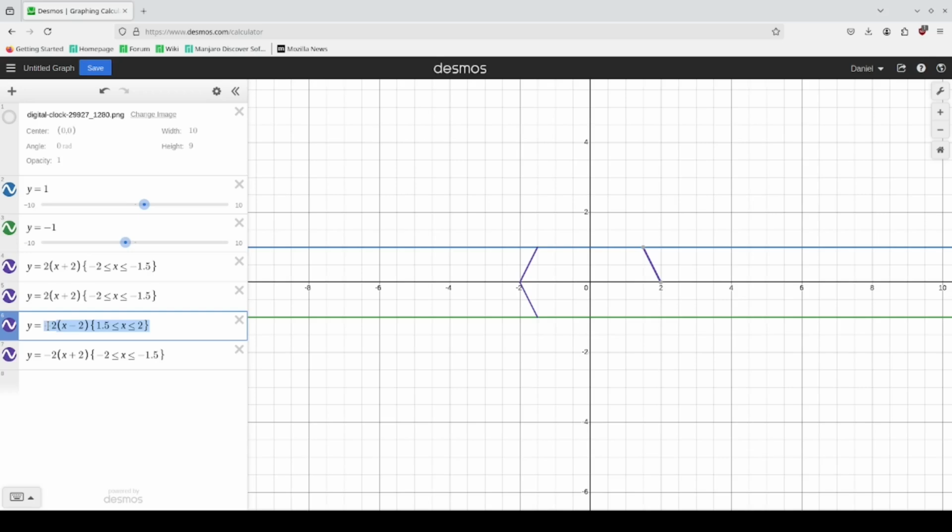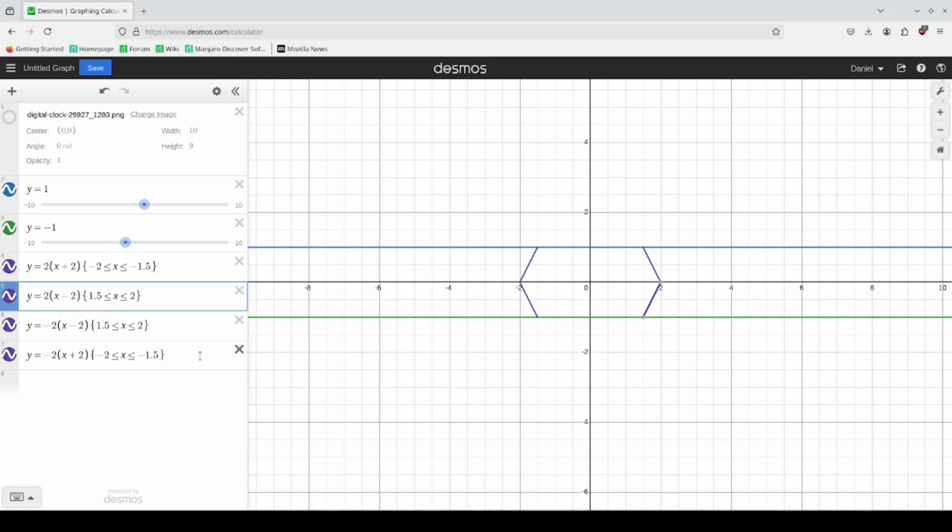And so we do the same thing with this line down here. No, I got it wrong. These two equations are the same, so this one must be the duplicate. It's going to be a positive slope. We move it to the right by 2, and it's going to be from 1.5 2x to +2.